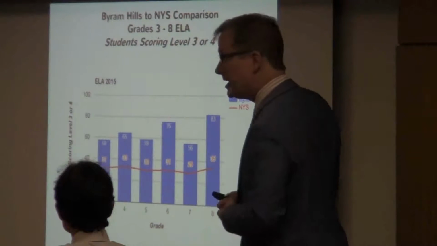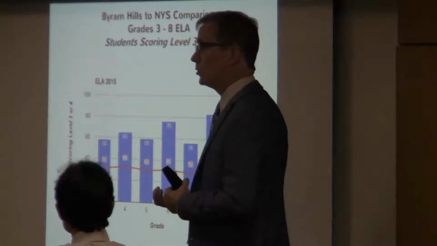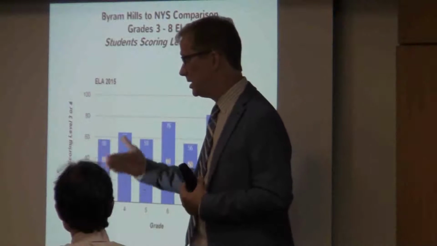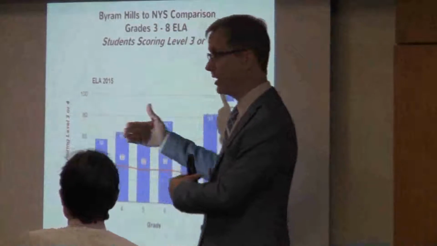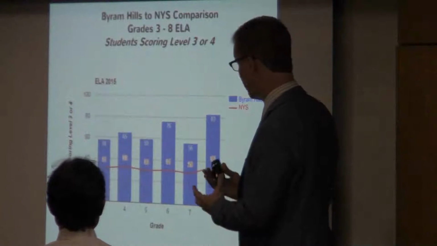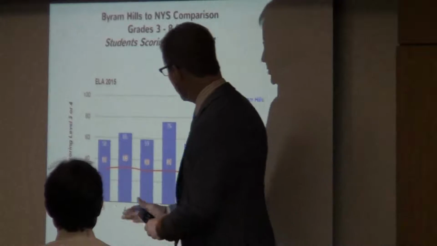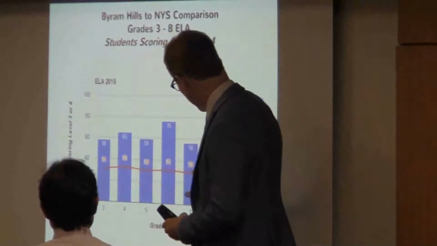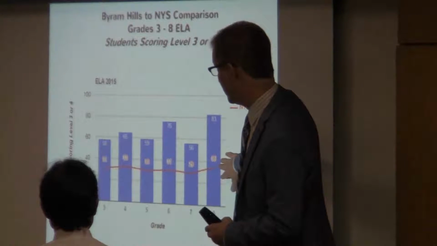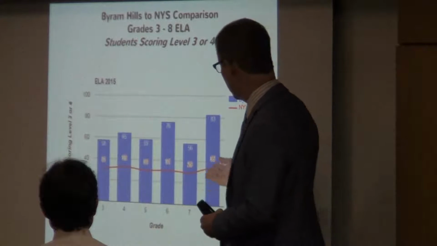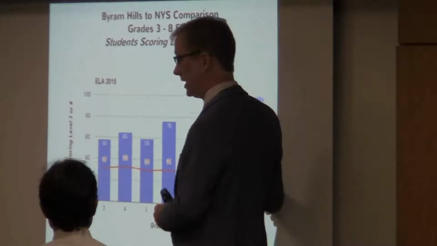The thing I would look at here, what I notice in terms of the story, is that the purpose of the state test year to year is to get students prepared for high school, when it becomes a high stakes test, and get them ready for high school performance in the Regents exams. So you can see the state is going from 3rd grade to 8th grade with only a 4% proficiency increase, from 31% of students reaching proficiency in 3rd to 35% in 8th grade.